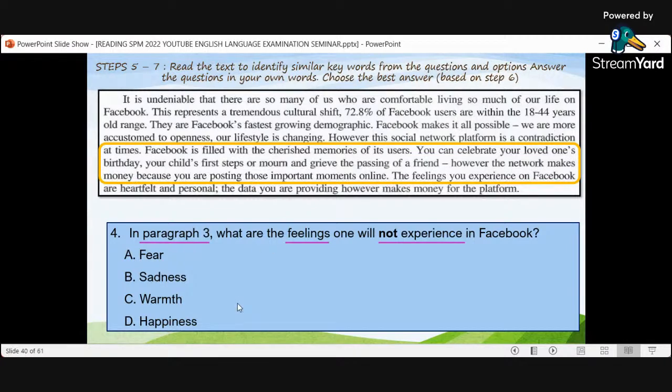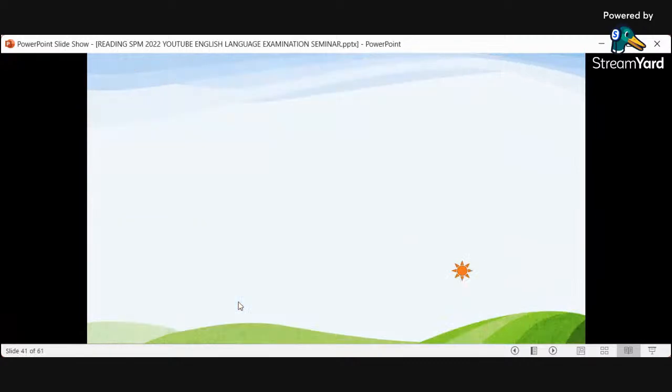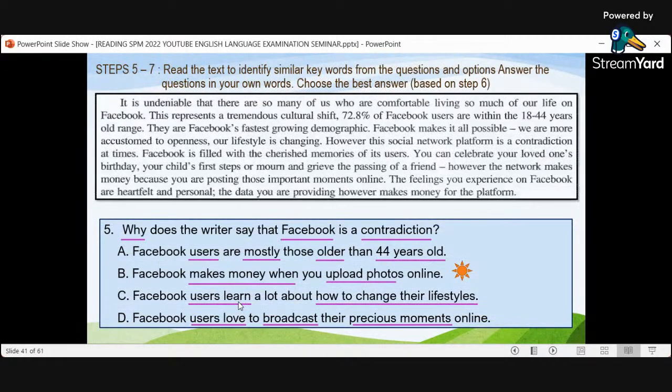So what feeling is not shared here? You have sadness, you have people who passed away, sadness, you have happiness, you have warmth. Fear is not there, you don't have fear that is experienced in Facebook. All right, in real Facebook, you may have experienced fear, but we're talking about paragraph 3. Okay, I got the answers already there.